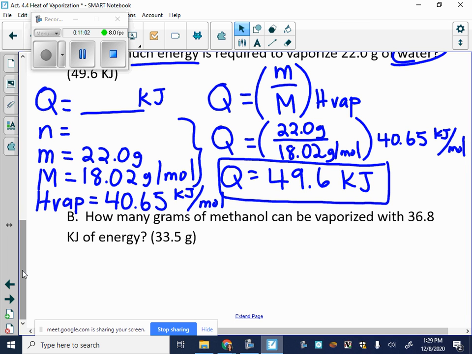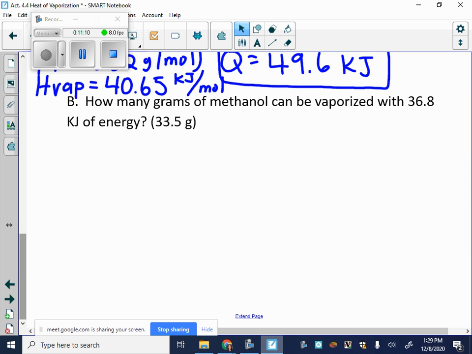Would you like me to try one example where you have to find molar mass first? Let's do this one. Again, this one is not in your booklet. So you could just follow along or write it down somewhere.